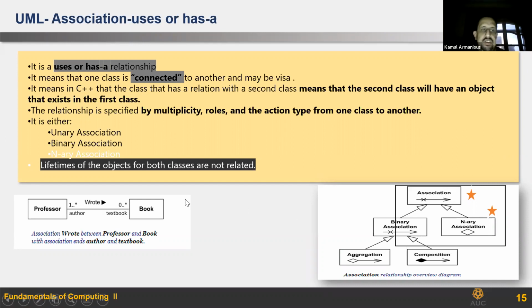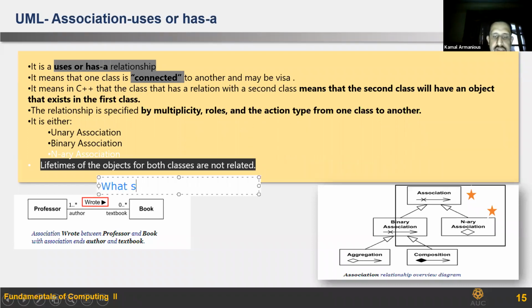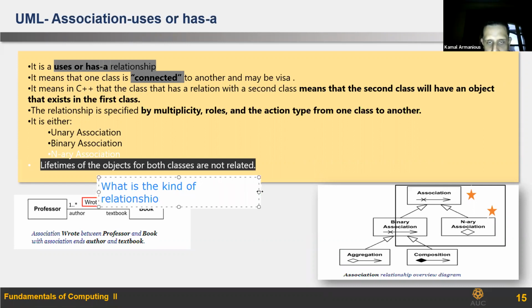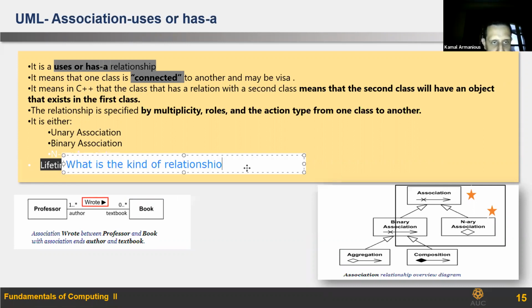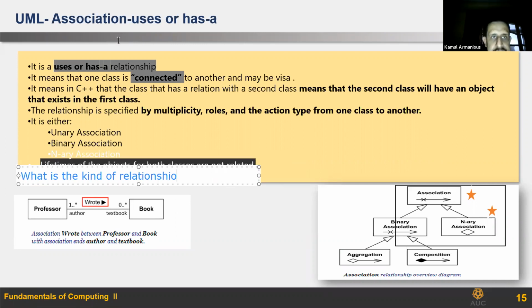Okay, so the professor and the book. What is the relationship? The relationship is that the professor wrote a book. This word wrote is the name of the relationship.